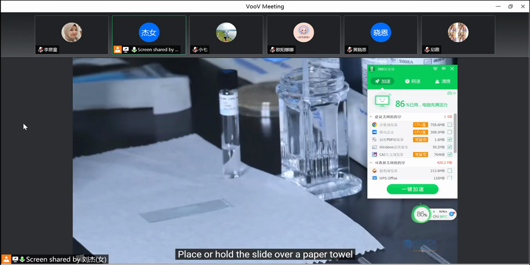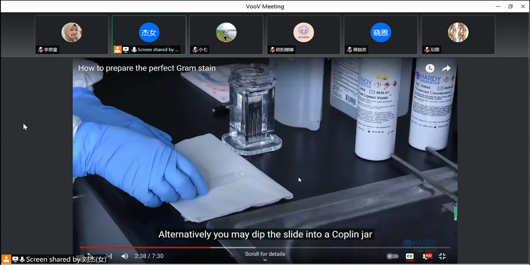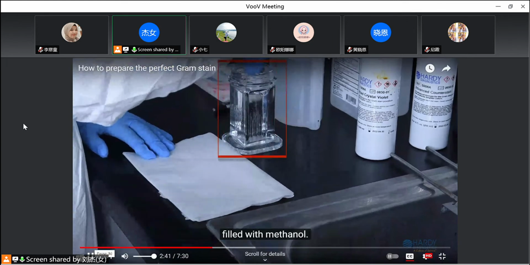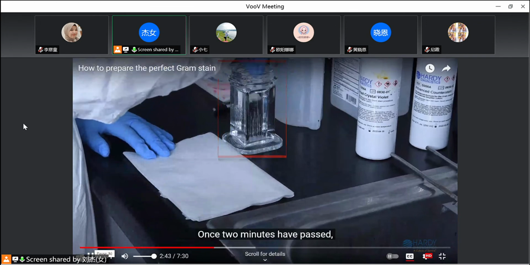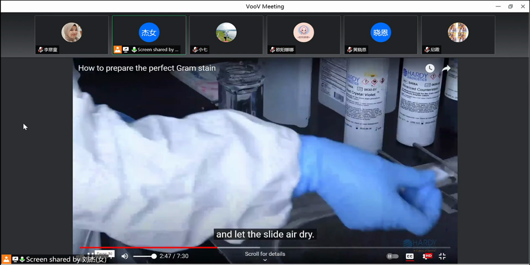Place or hold the slide over a paper towel, and flood the slide with absolute methanol for 2 minutes. They just told you to use some methanol to fix the slide. You may dip the slide into a Coplin jar filled with methanol. Once 2 minutes have passed, tilt the slide and drain off the excess methanol and let the slide air dry.